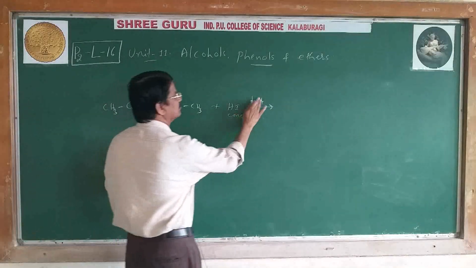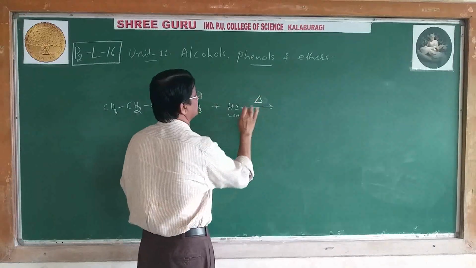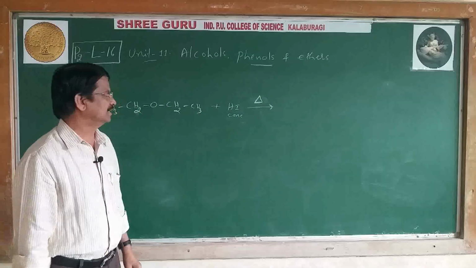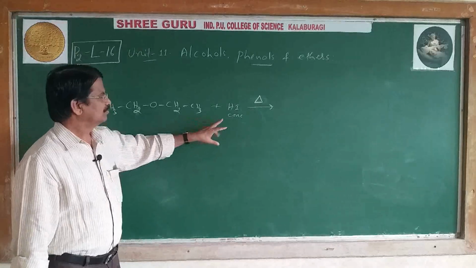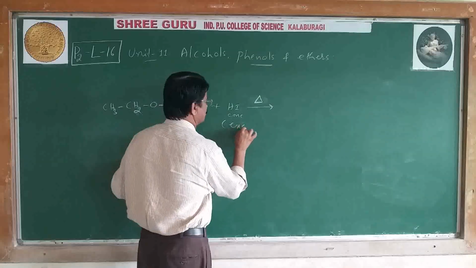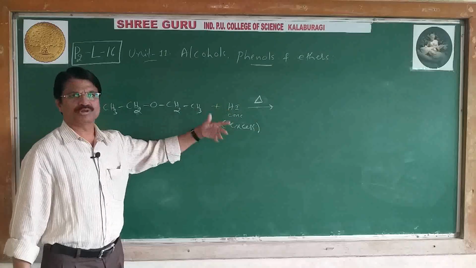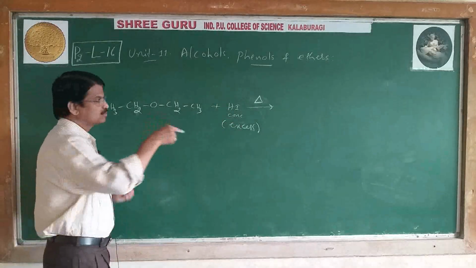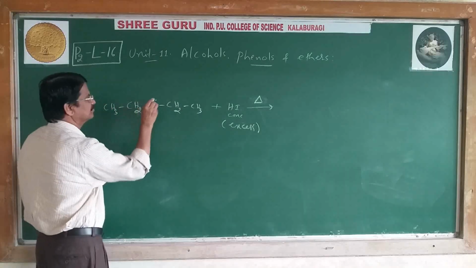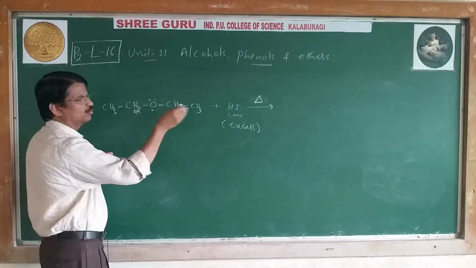Or you can write on heating, hot condition or delta, and it should be excess. What happened? Excess means more than 1 mole, 2 moles. But first 1 mole reacts with ether, the same method as in cold condition.